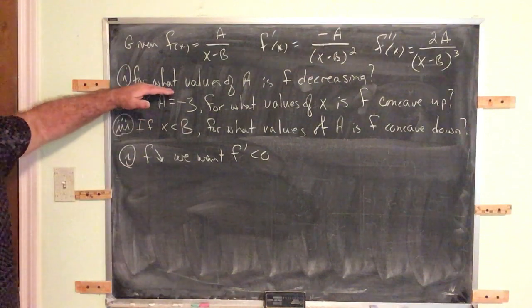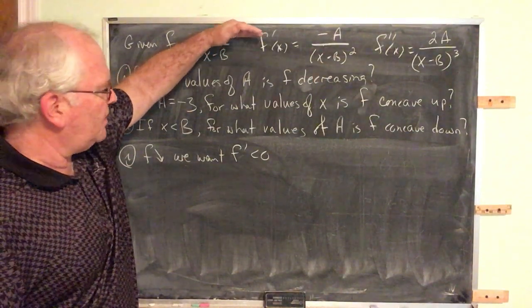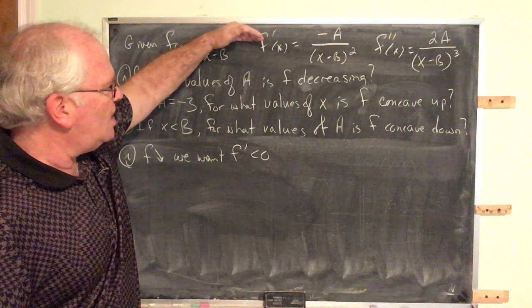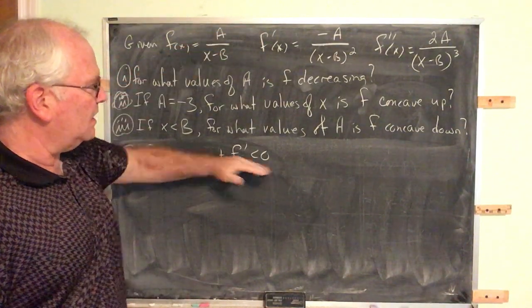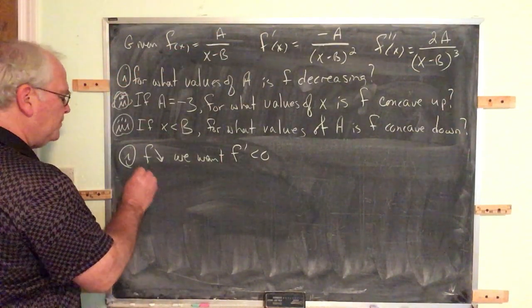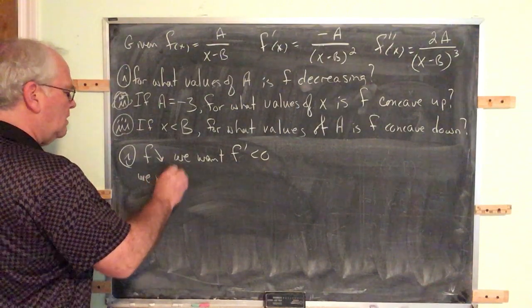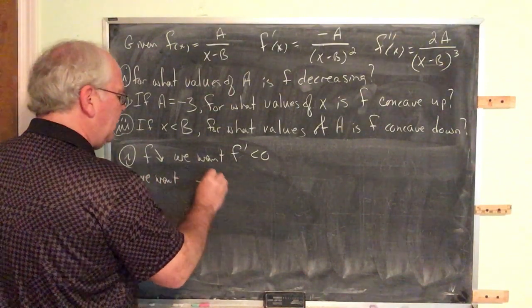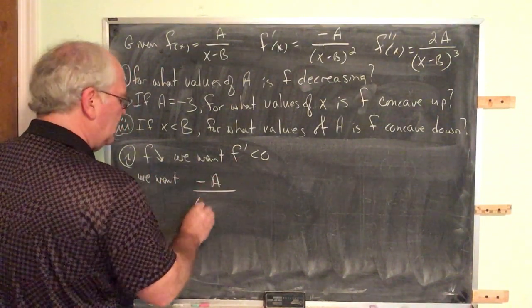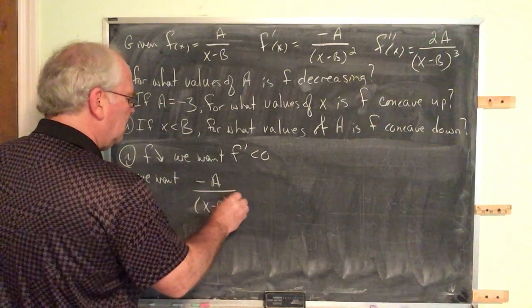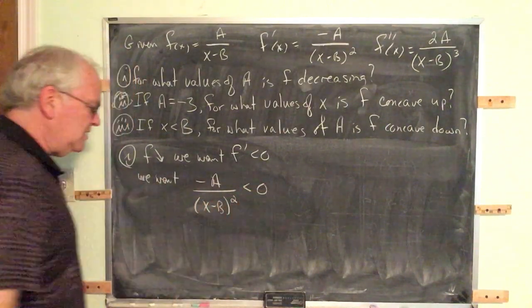So we want to find the values of a which cause this derivative to be less than 0. So we want the derivative, negative a over x minus b quantity squared, to be less than 0.